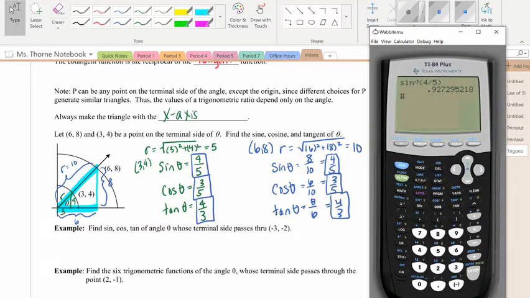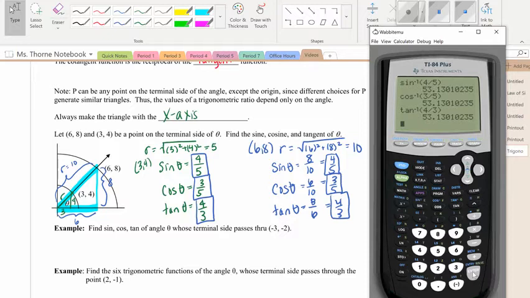So if I do that again, now I should get the degree measure, which is 53.13 degrees. Even if I were to do the cosine inverse and use that trig ratio, which was 3/5, notice I also get 53.13 degrees. And if I do the tangent inverse of 4/3, I would also get the same answer.